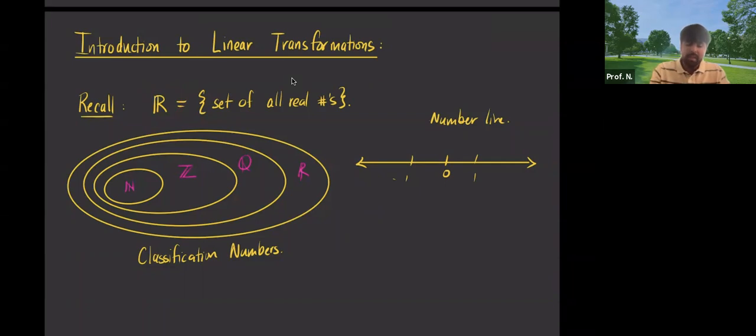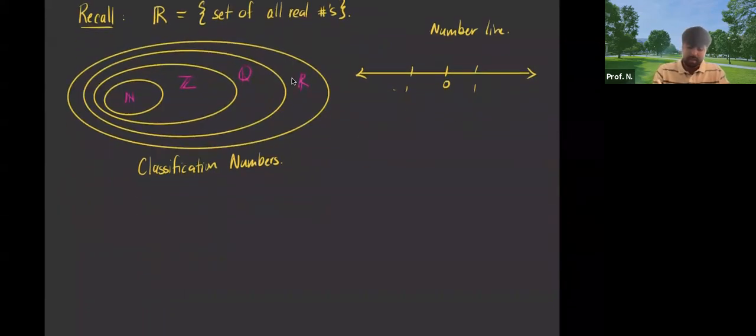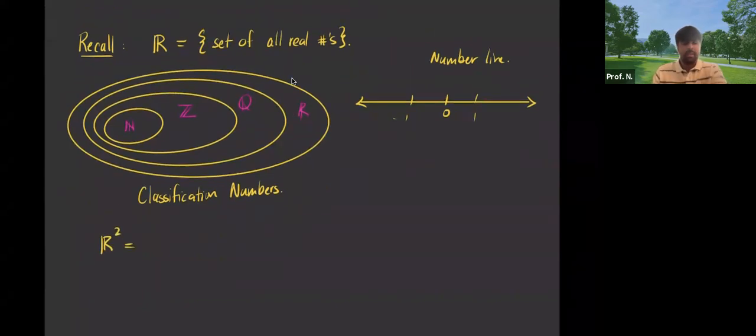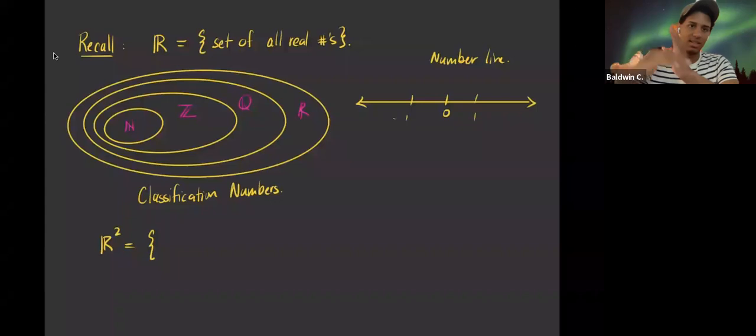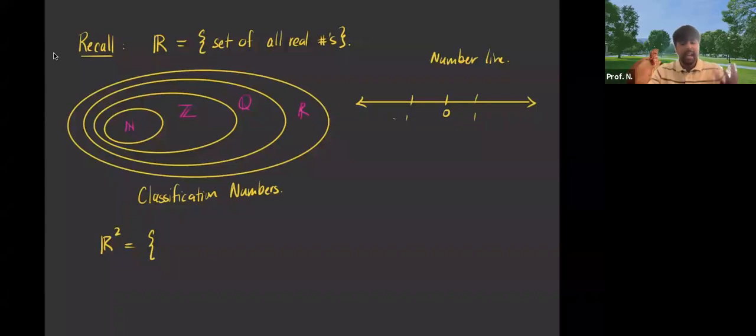And then what happens when we take it to the next dimension? It would be like adding another number line. Yeah, exactly. It's adding another, quote unquote, dimension.